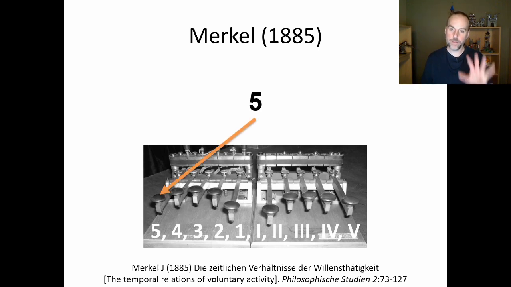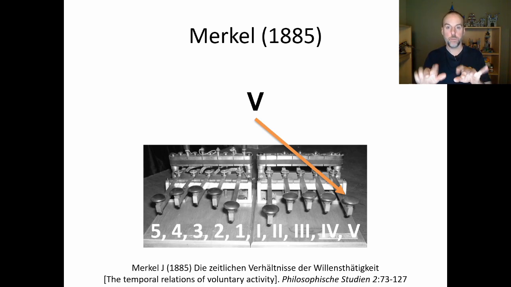So if you see a 5, press the left pinky. 4 would be the left ring finger, and so on and so forth. The participants in this experiment were given lots of trials so that they would become comfortable with this mapping between the stimulus, 1 to 5 Roman or Arabic numerals, and the response, pressing one of the 10 keys.